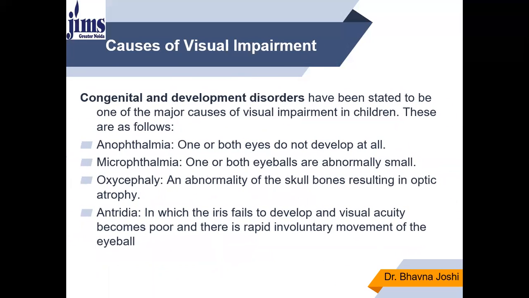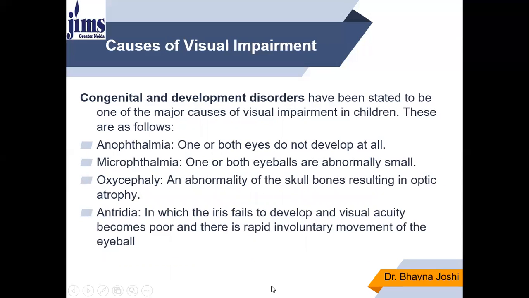Now, what are the basic causes of visual impairment? The first cause can be developmental disorders. These are various types of disorders. That means from birth, either one or both eyes, the eyeballs, or the skull bones are not developed properly.